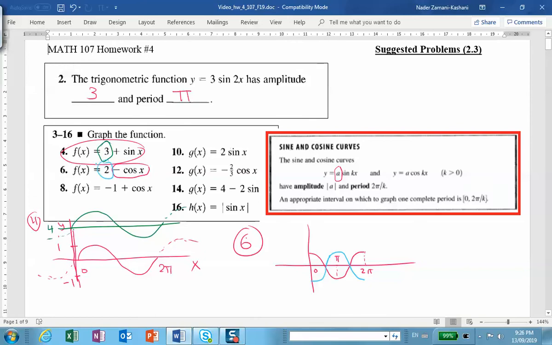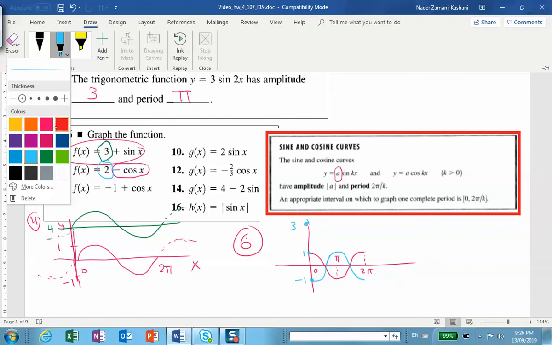So you raise everything by 2, so this point goes to that point, and this point goes to 3. Let me use a different color here. So it's going to look like this. Everything is shifted up by 2 units.